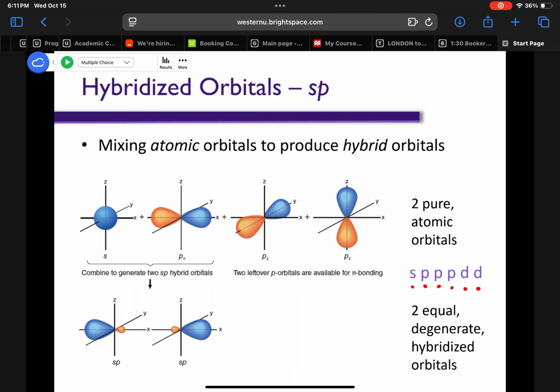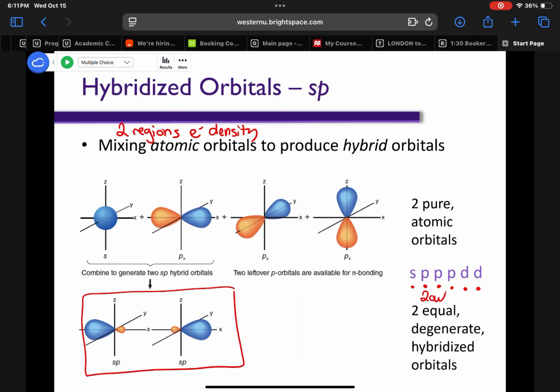And then I just count in the number of atomic orbitals to match the number of hybridized orbitals that I need out. If I have 2 regions of electron density in my compound, that means my goal is to get 2 hybridized orbitals out. If I want 2 out, working backwards, I need to put 2 in. And I start at s. So I count 1, 2, and I'm going to stop there.